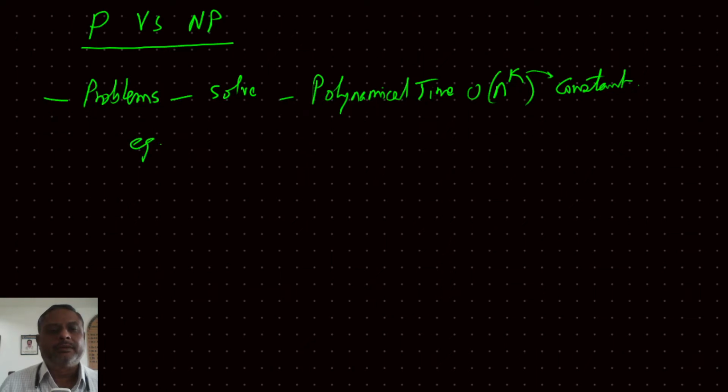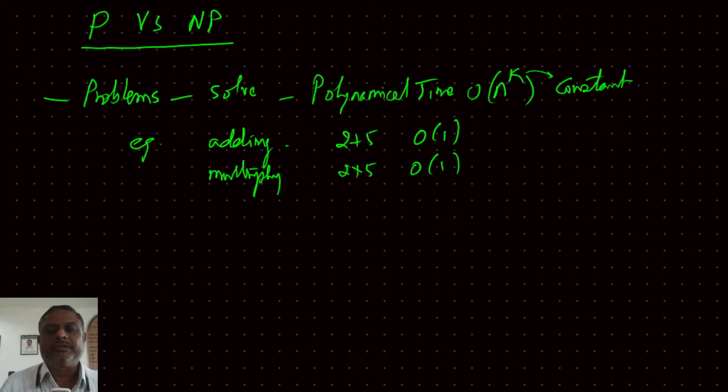The examples would be adding two numbers, 2 plus 5, which takes constant time, or multiplying numbers, 2 into 5, which also takes almost constant time.